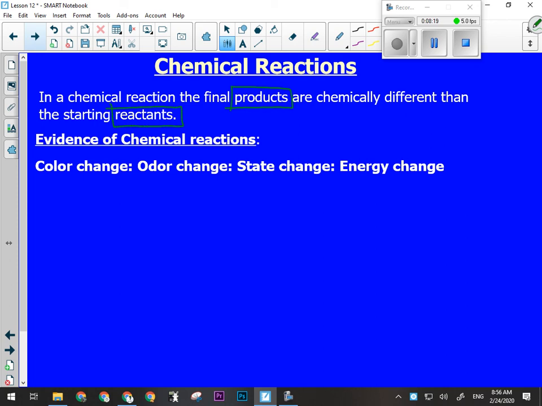So if I have, let's say, this kind of simple reaction, an acid-base reaction here between hydrogen bromide and potassium hydroxide. These here would be the reactants because they're the things that are reacting.